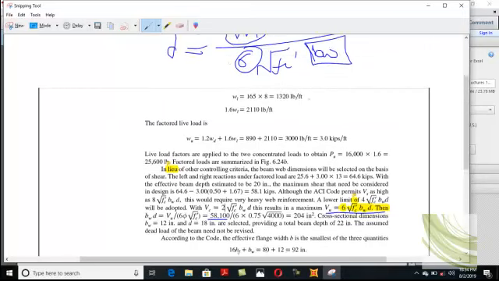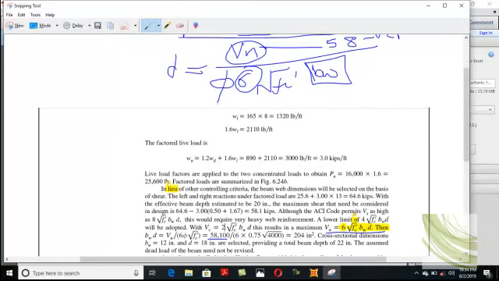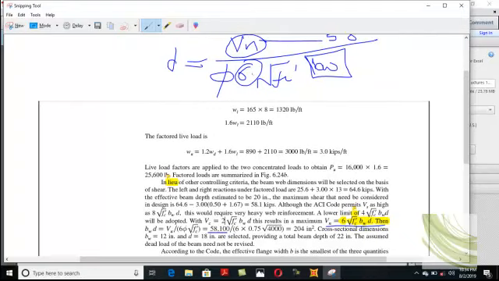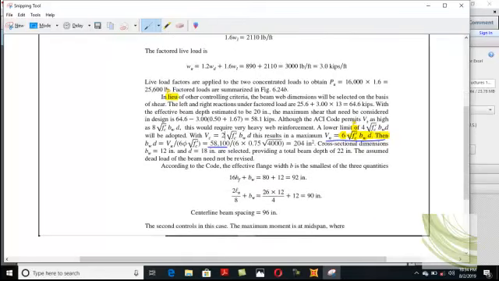The phi factor is used here to calculate a safer value. Clear? So this gives 204 square inches. Sectional dimensions: Bw will be fixed, that is 12 inches, and d will be 18 inches. Selected, provided a total beam depth will be 22 inches.